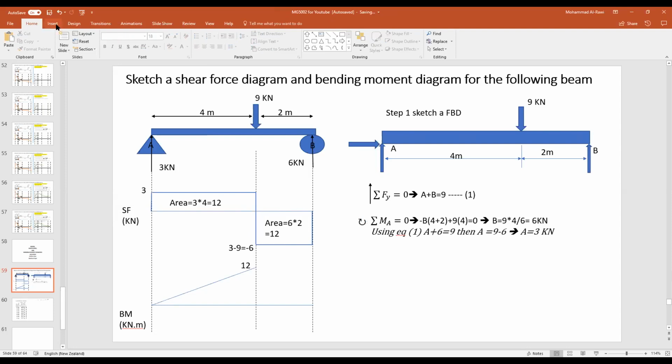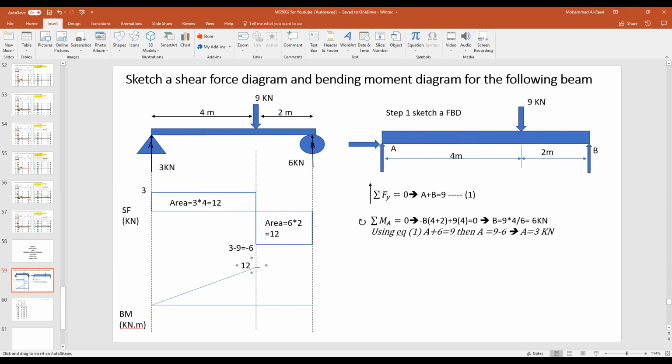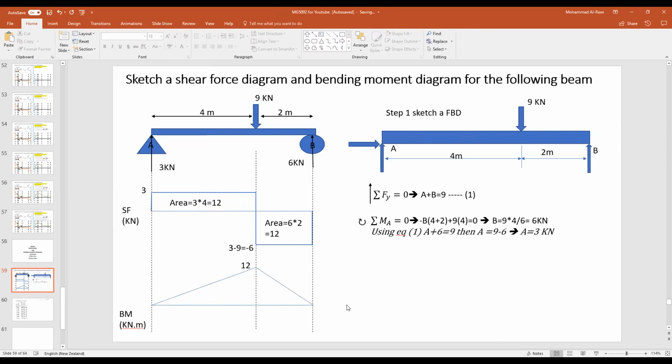Therefore, from 12, I need to go to 0, and that means it's closing my diagram. So that's how the bending moment diagram looks for this question. Very easy, simple steps. It doesn't really require a lot of work because it is a very simple example.